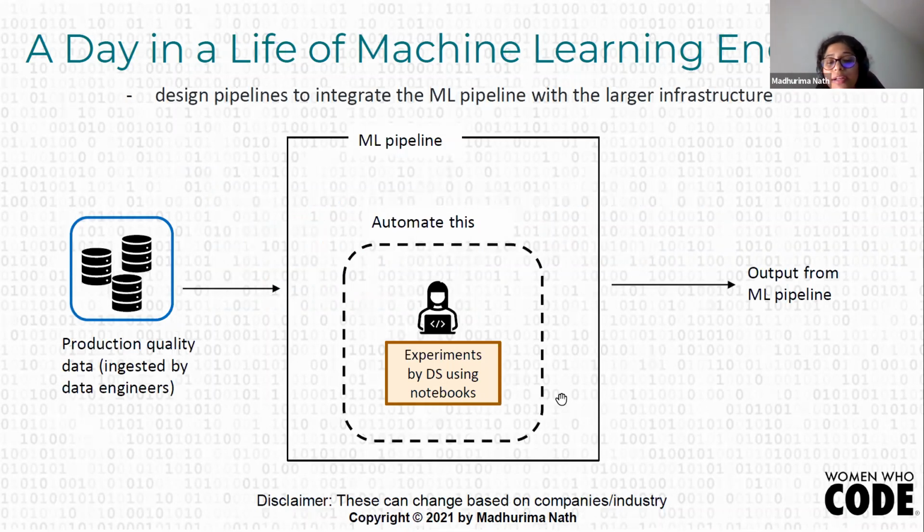Basically, you want to automate the final experiment that you would want to implement, and integrate it with the pipeline that the data scientist is engineering. You also want the output from your ML to go into the final user interface. Matching this input and output is the design work that an ML engineer would do, and this is called the ML pipeline.